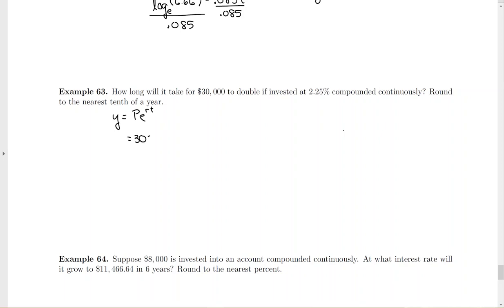So my input was 30,000. I want to double that amount, so that's going to be 60,000. And the rate, again, is the percent changed to a decimal, and that's it. We don't change it to a factor. This is just going to be 0.0225. Move the decimal over 2 places to the left.